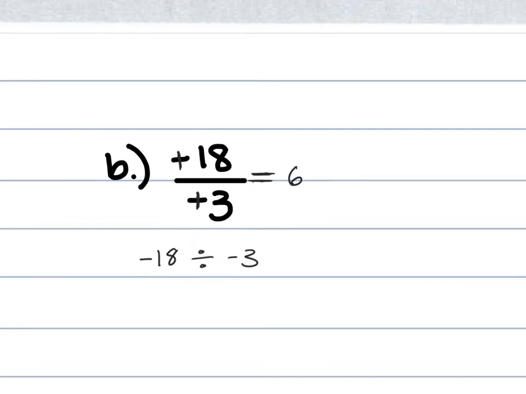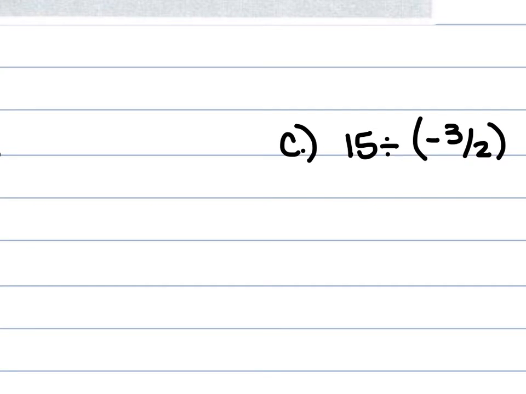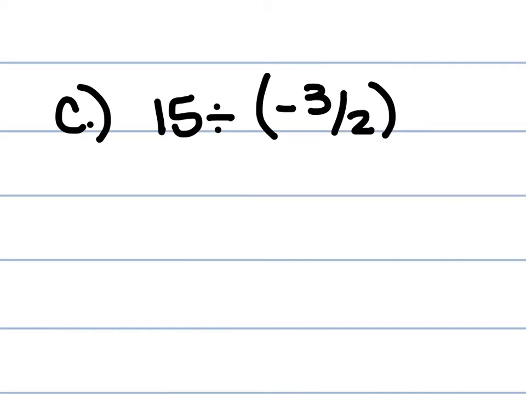Now, here's where it really matters. This is where people start to slip a little bit. 15 divided by negative 3/2. So we've got 15 divided by, I'm just going to write this, negative 3/2. Now, I am taking numbers and I'm dividing by a fraction.